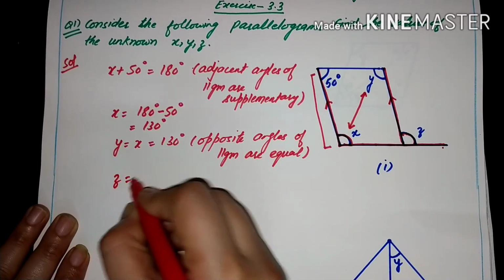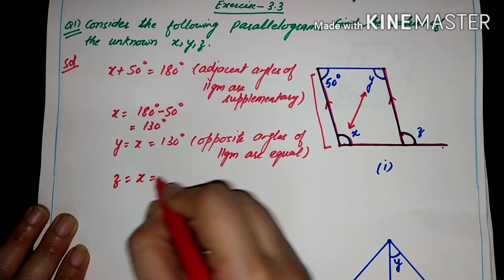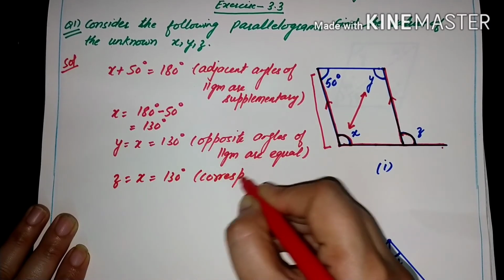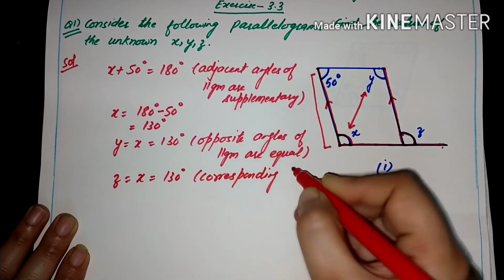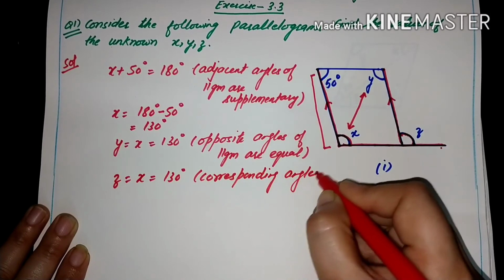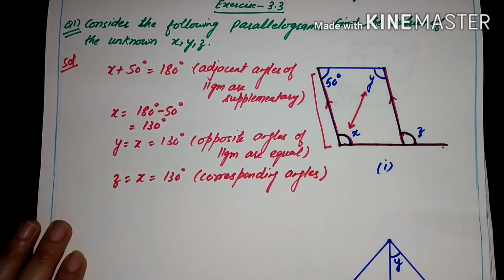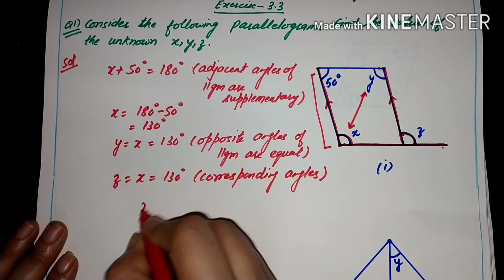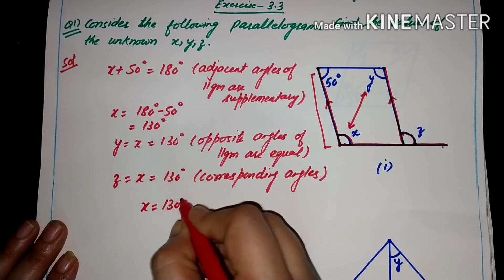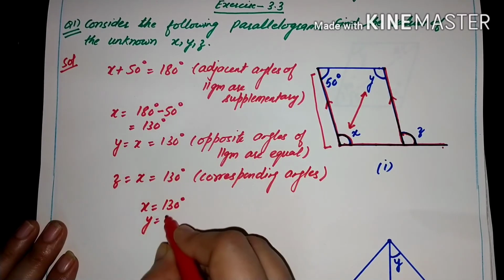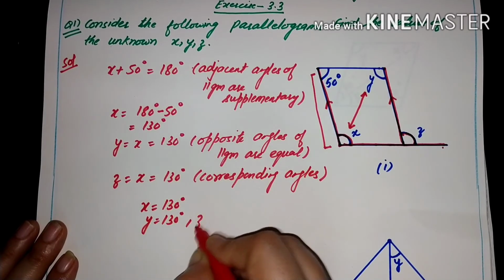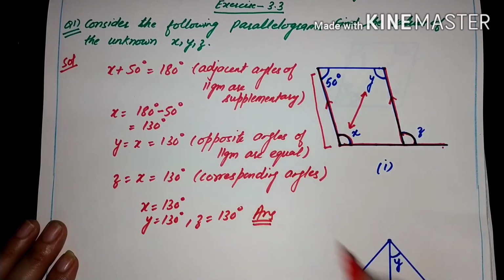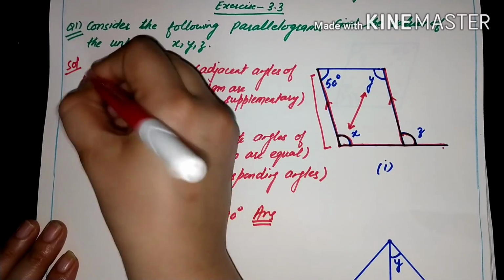So z is equal to x, which is equal to 130 degree, because these are corresponding angles and the lines are parallel, so they would be equal. So we have got the value of x, y and z. So x is equal to 130, y is also 130 degree and z is also 130 degree. So this is the first part of the question.